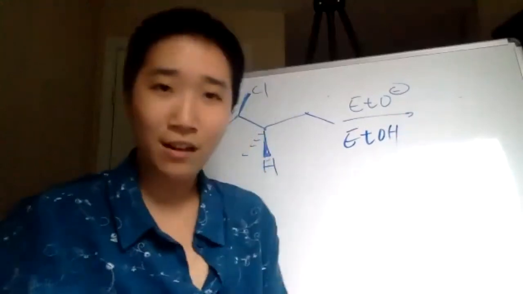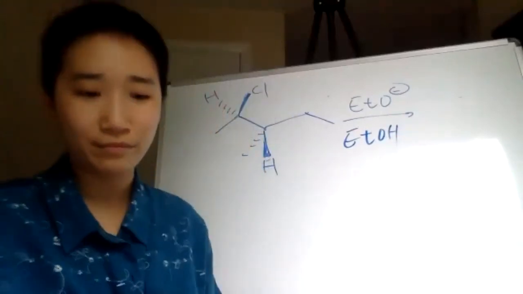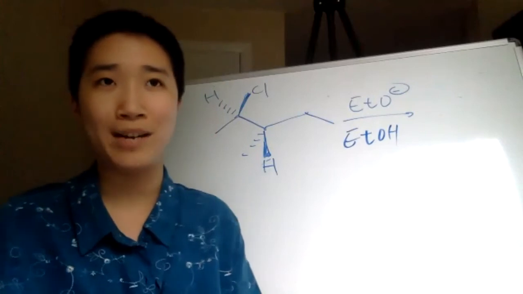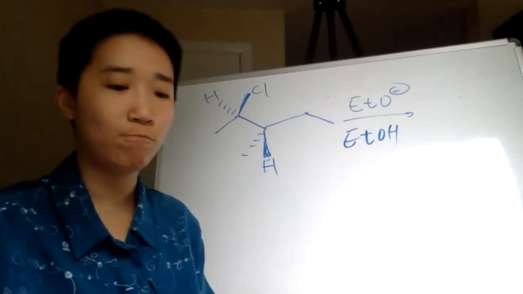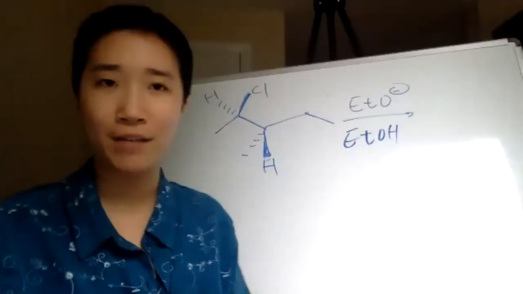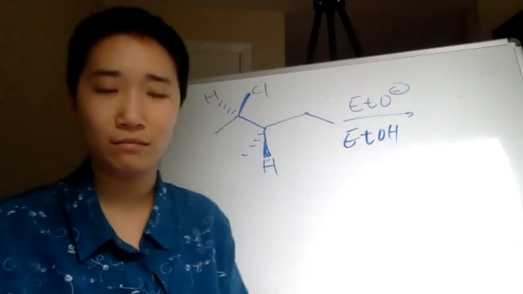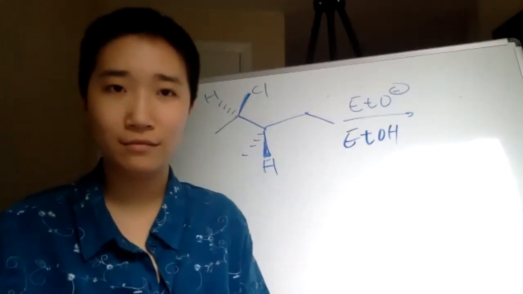There you go, that's your solvent, EtOH. Is it polar protic or polar aprotic? Protic. It's polar protic. Polar protic favors what kind of reaction? Elimination. It favors SN1. Yes, you're absolutely right.